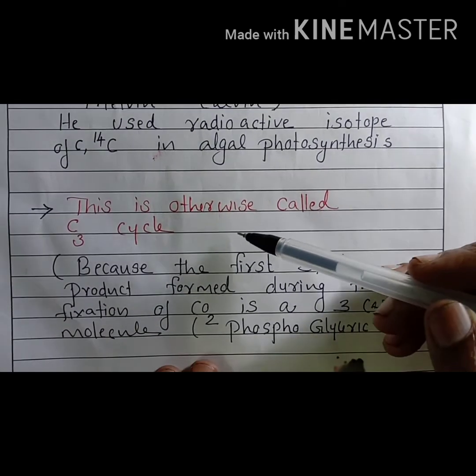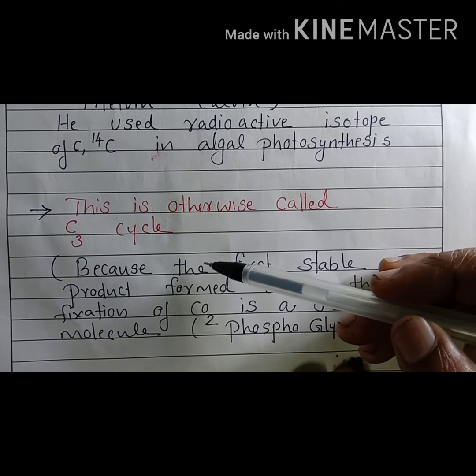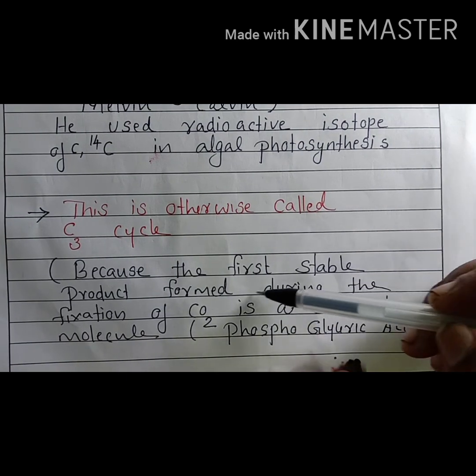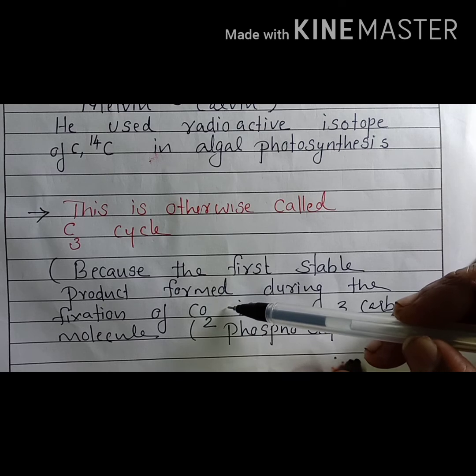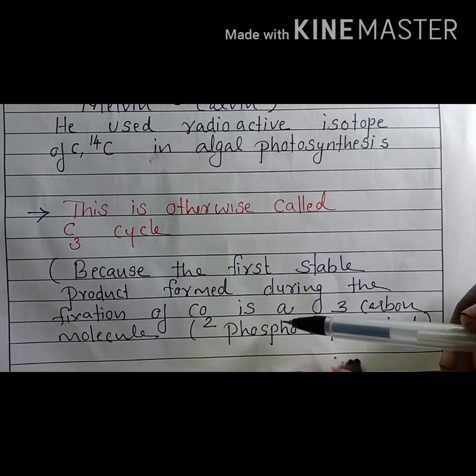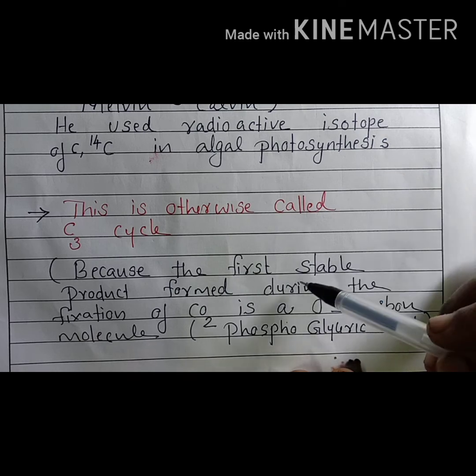And this phase is otherwise called the C3 cycle. Why is it called a C3 cycle? Because the first stable product formed during the fixation of carbon dioxide is a 3-carbon compound. The name of this 3-carbon compound is phosphoglyceric acid, PGA, which is the first compound formed in the cycle.